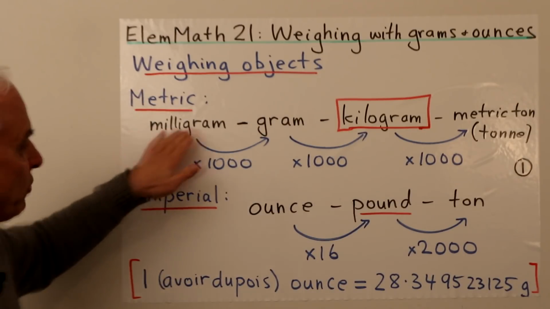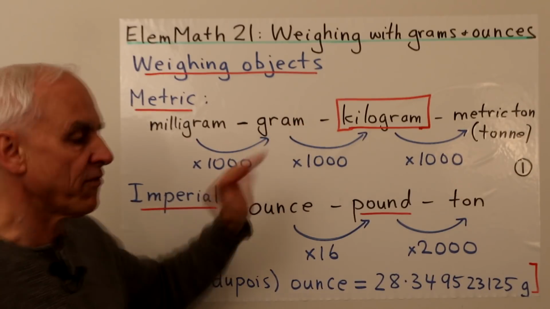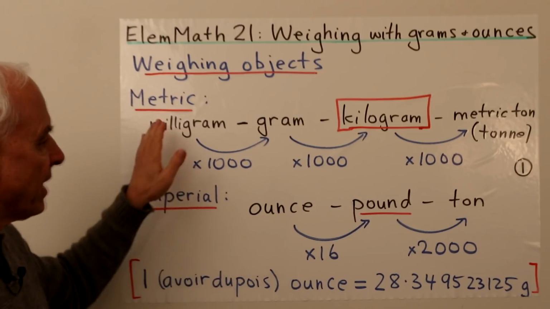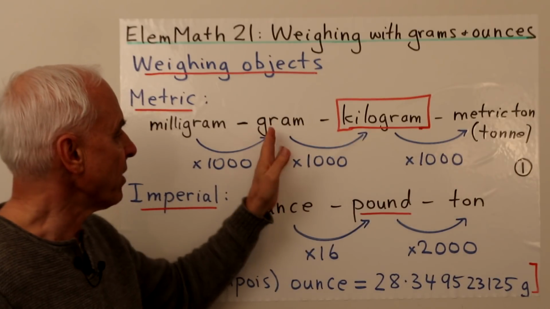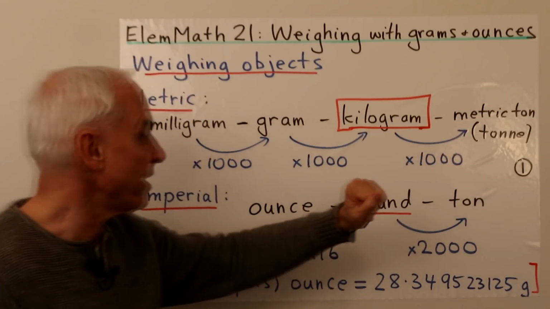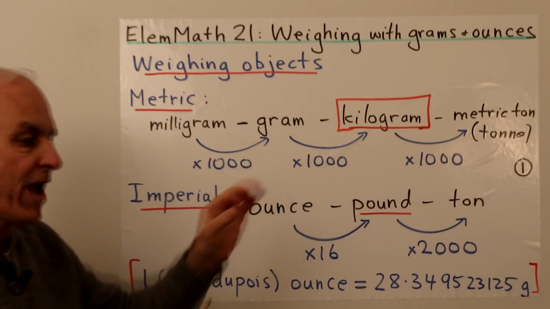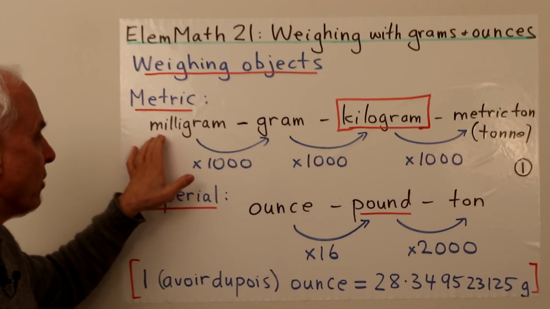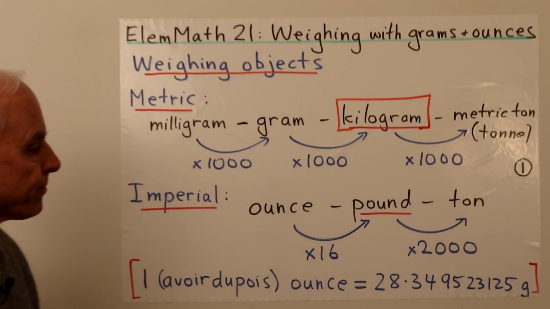The relationship between these various units is all in terms of factors of 1,000. So 1,000 is a pretty big number, but that's very important in this system. So 1,000 grams is a kilogram. 1,000 kilograms is a metric ton. And if we want to subdivide a gram into something even much smaller, we have a milligram. 1,000 milligrams is equal to a gram.